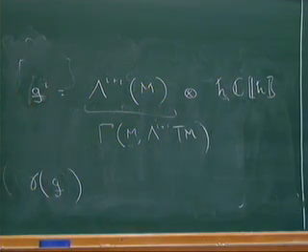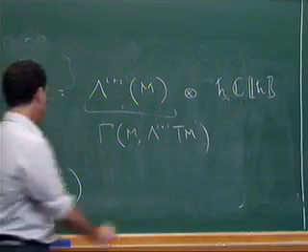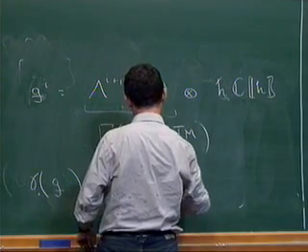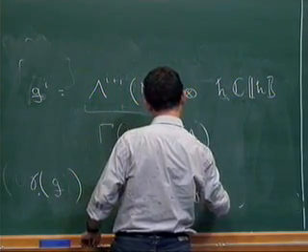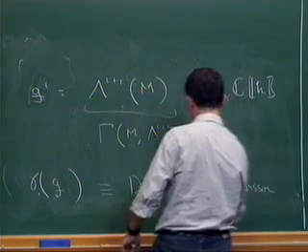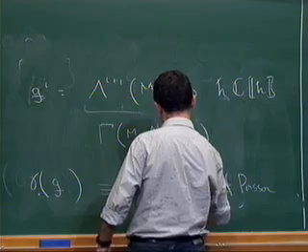And I get, so the point is that this is the two-groupoid that I introduced earlier in the talk.